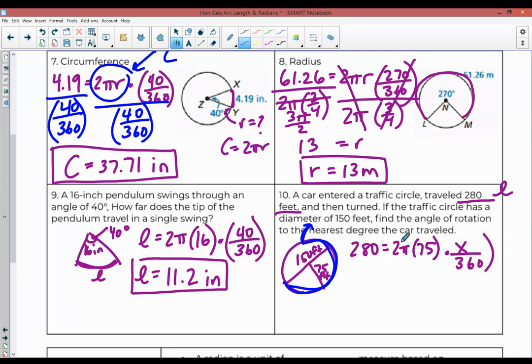So let's just get rid of that 360 first. So 360 times 280, 100,800 equals 150 pi times x. Now I'll divide by 150 pi.